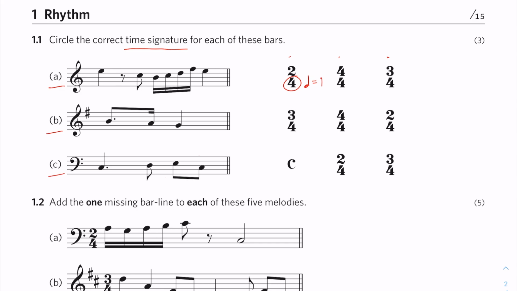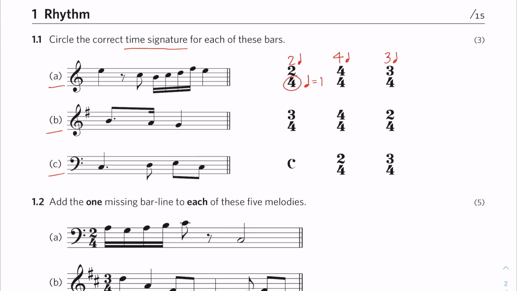So if the top number is 2, it means 2 crotchets in 1 bar. 4/4 is 4 crotchets in 1 bar. And 3/4 is 3 crotchets in 1 bar. They all have 4 at the bottom, so crotchet will be the unit of this question. So what we need to do now is group the notes together in crotchets.